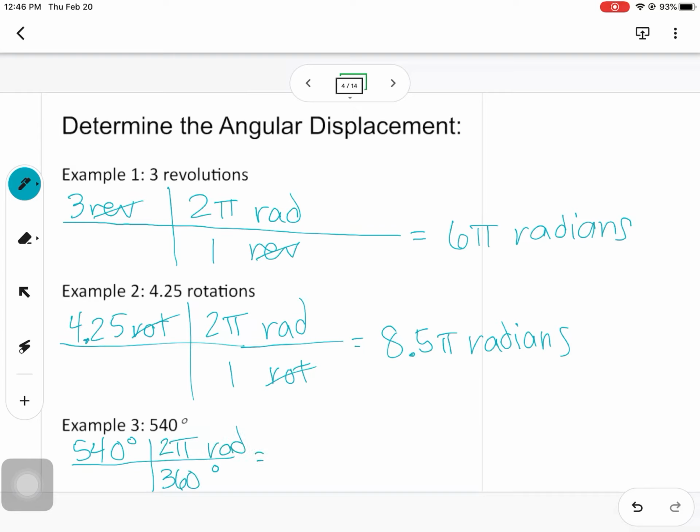And then you can treat this just like a stoichiometry problem again, instead of doing your cross-multiplying with your proportions like we talked about before. So I can do 540 times 2 is 1080. I need to simplify that, and it gives me just 3 pi. Again, keep it in terms of pi to make your life a little bit easier.